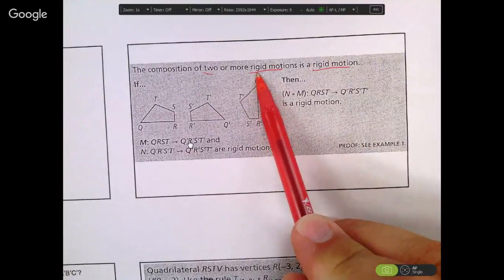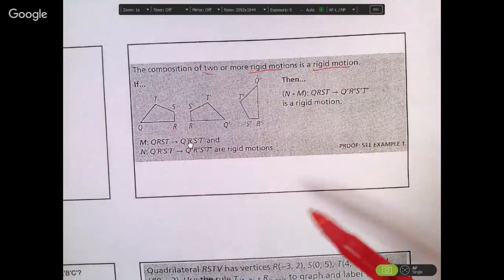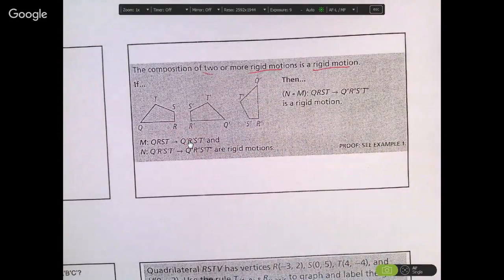If its side length and angle measurements are the same. It still is the same shape, it's just in a different place. So if one side gets smaller or one angle gets smaller, then it's not a rigid motion. That's basically all it's saying: if you do a bunch of rigid motions, it's still considered a rigid motion. It just has to look the same.